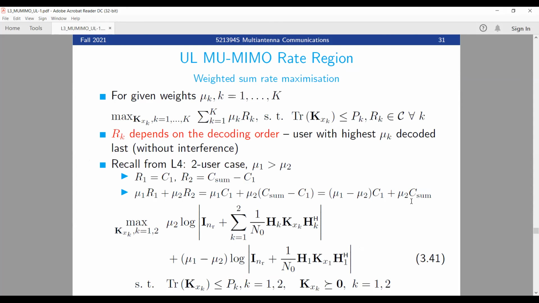Instead of writing user 2 capacity directly from the log expression, I will add the C sum, which is the sum capacity R1 plus R2. Of course, you get the same result as if you just plug in there. But now we can express R2 as C sum minus C1. And we know the C sum expression, this one, and the C1 expression is this, right?